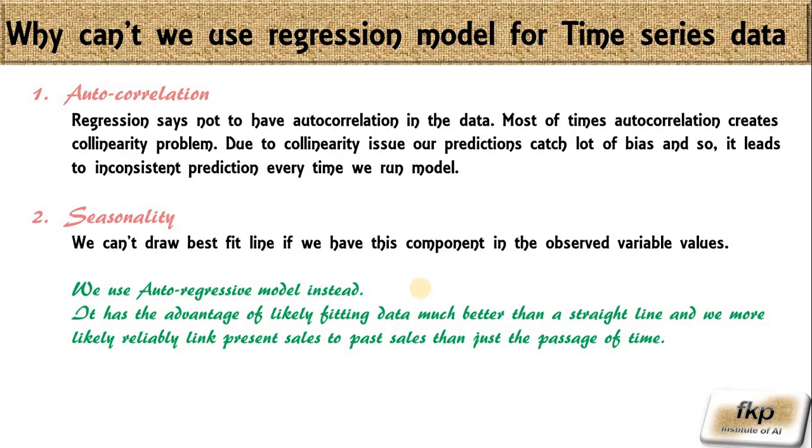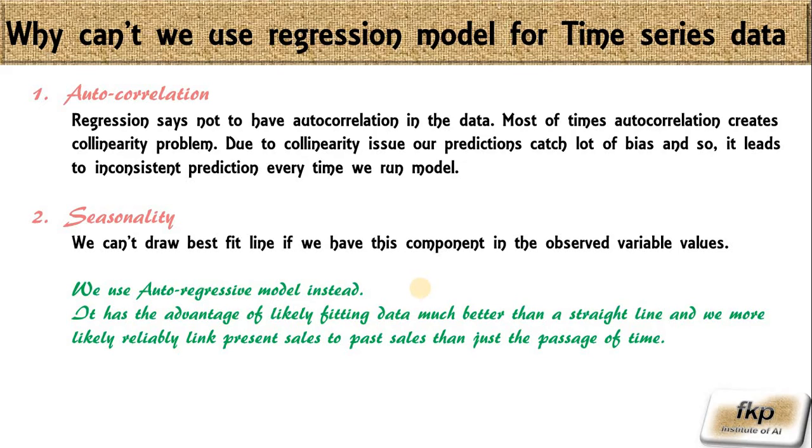Autocorrelation. When we are building a regression model, we check if there is any correlation among the variables we have taken. If there is a high correlation among the features, we remove one of them, because it affects the model predictions.